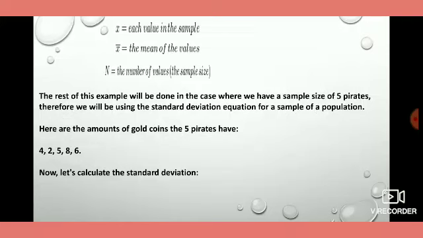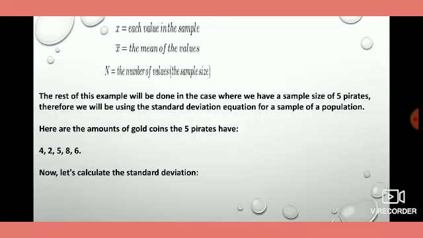So again, this is our formula. The rest of this example will be done in the case where we have a sample size of 5 pyramids. Therefore, we will be using the standard deviation equation for a sample of population.